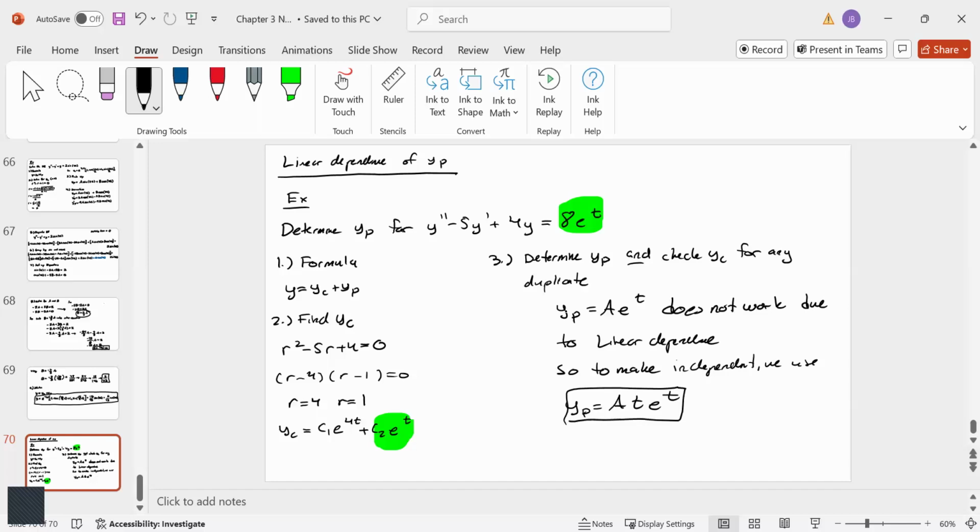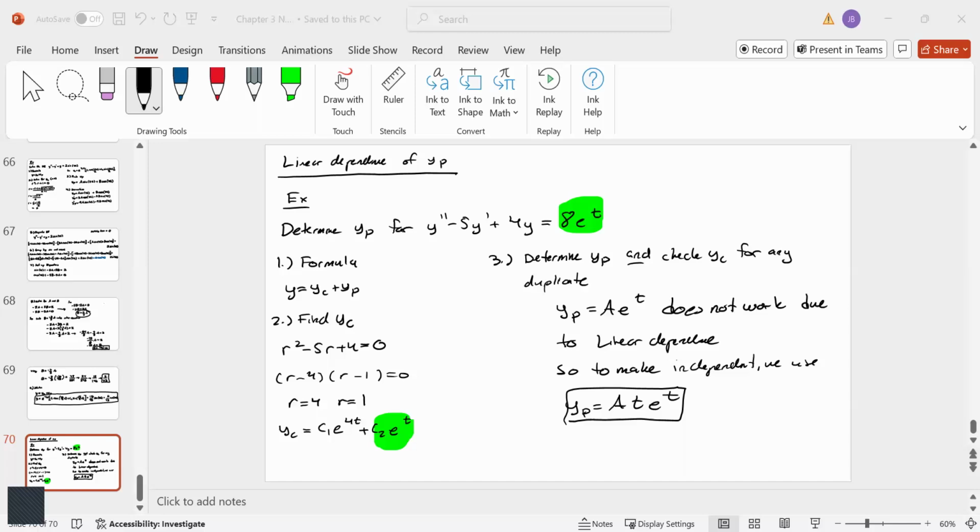And that's the answer. You just add a t and keep doing that. What if you had two of them that were e to the t? Then you would do t squared. You just keep adding more until you get enough information so you don't run into that issue. But that's all you've got to do. You just add a t.